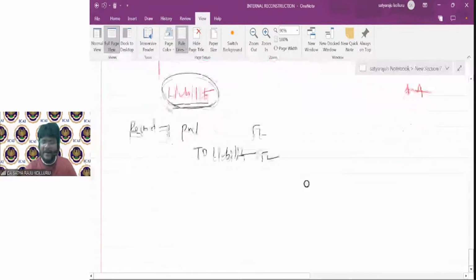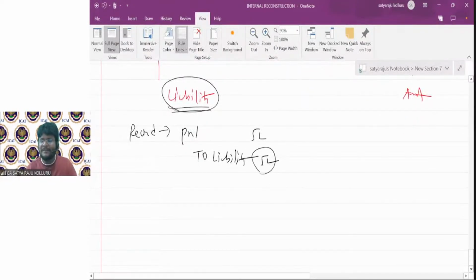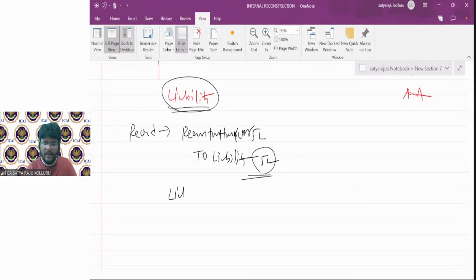Now the point is, out of this 5 lakhs, the entire 5 lakhs is sacrificed by the liability holder. The entry was reconstruction account to liability. Now the entire 5 lakhs is sacrificed by the liability holder. Then what is the journal entry?